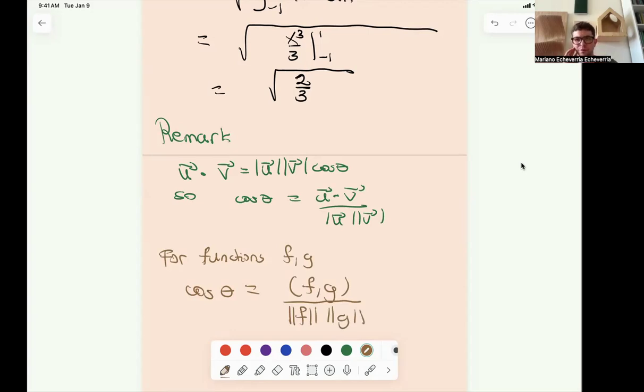What you would need to know for this to work is that this is always between -1 and 1. And there's a very famous inequality, the Cauchy-Schwarz inequality, that says that it does work. So literally, you can define the angle between two functions just using this formula of the inner product.